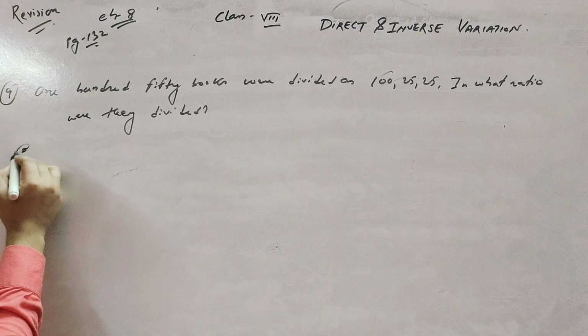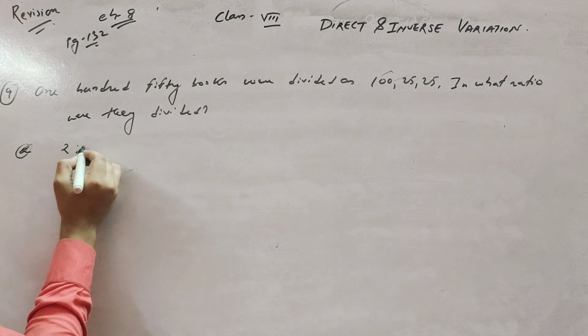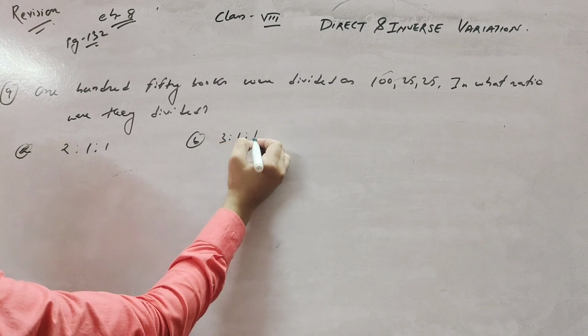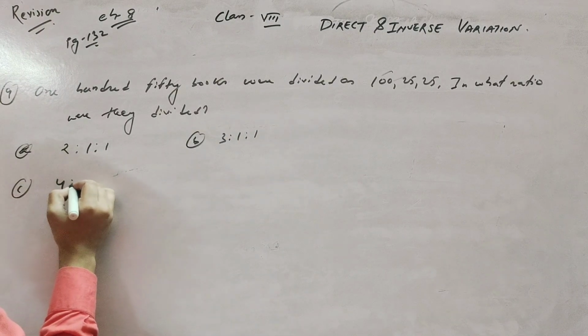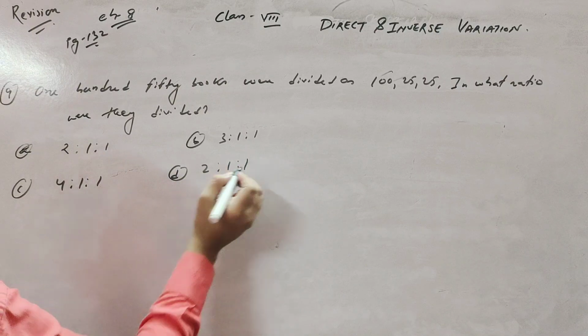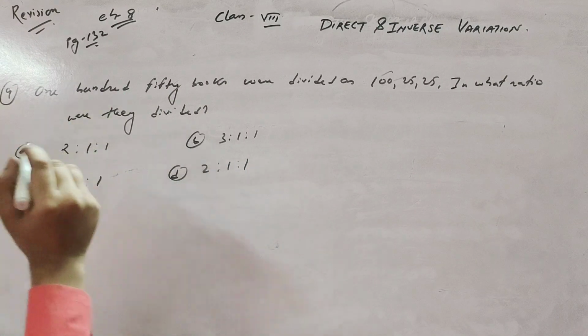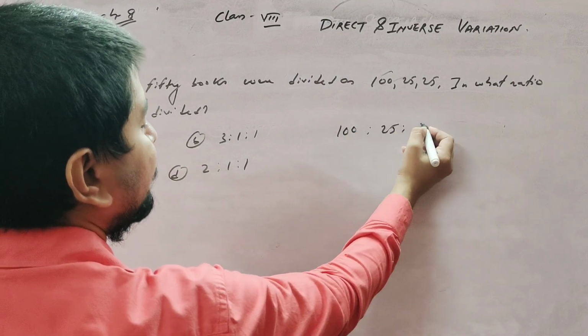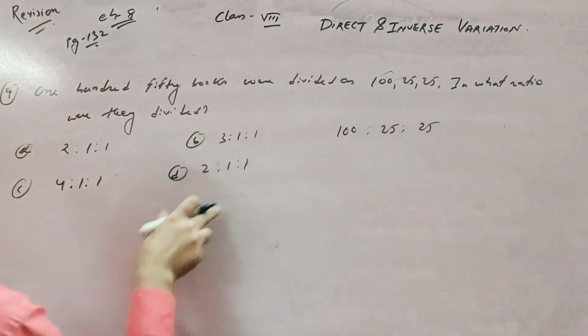Option A, 2:1:1. Option B, 3:1:1. Option C, 4:1:1. Option D, 2:1:1. So 150 books were divided as 100, 25, 25. In what ratio? Which ratio is correct?